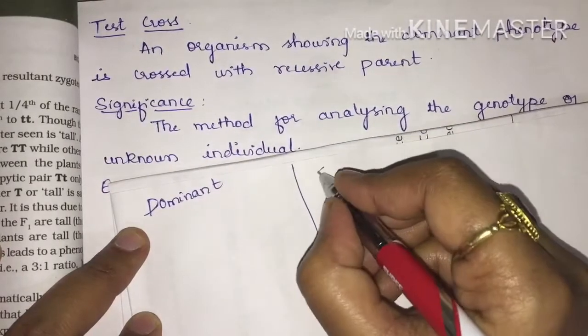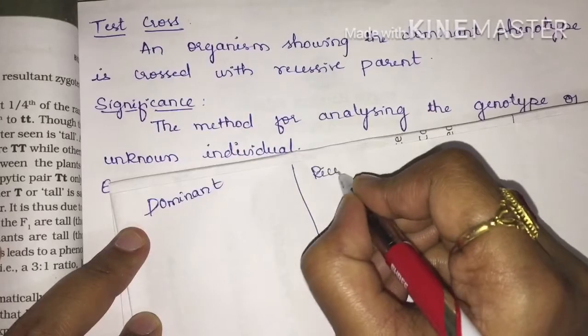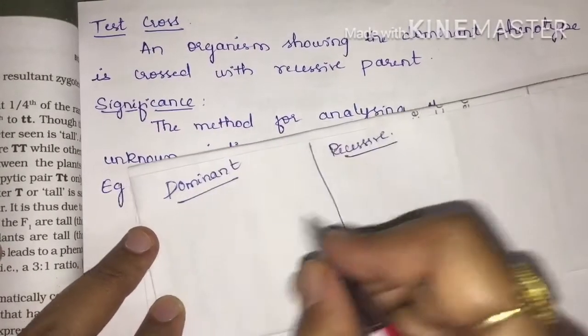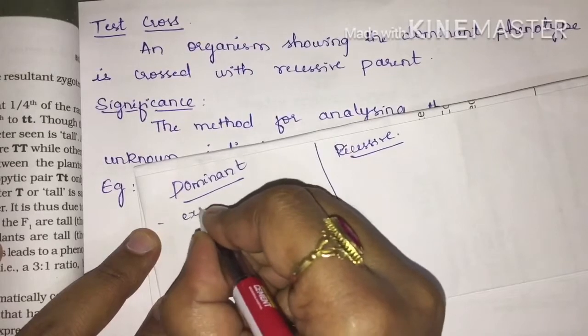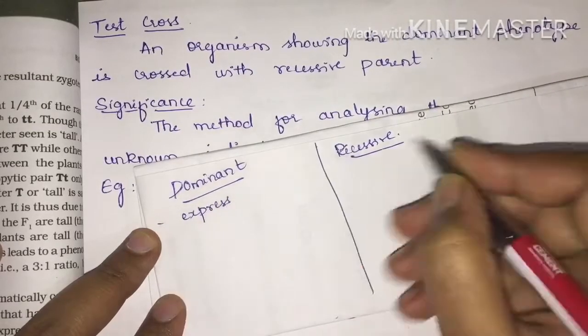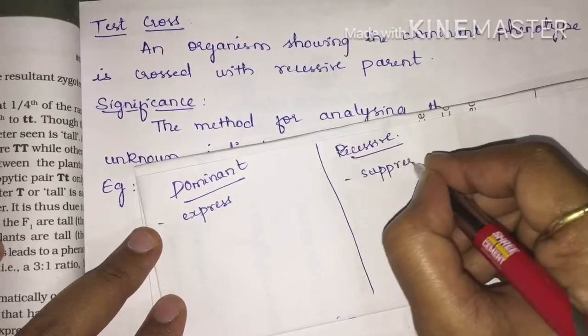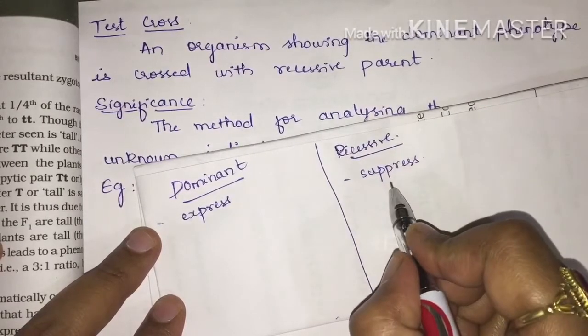Once again, if we recall dominant and recessive: dominant is what? That which will express. Recessive is what? That which will get suppressed.